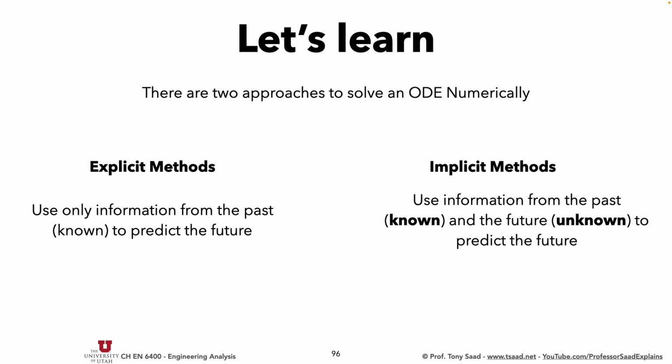But just like we did there, without going into too much detail, the way you approximate that derivative can be explicit, where you only use information from the past to predict the future. In implicit methods, you use information from the past and information from the future to predict the future. Okay? How can you do that? Well, it's in the name. It becomes an implicit equation. And an implicit equation is a nonlinear equation. So here you're solving nonlinear equations. Here you're solving linear equations.